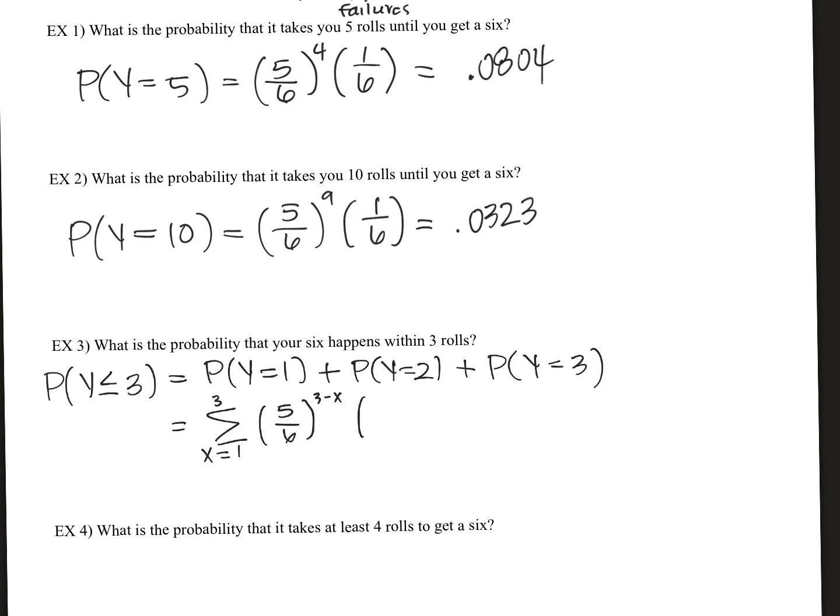Remember, we go to math, then we go to 0. Sorry, I messed up the formula. It should just be times 1/6 because the probability of success is always going to be 1/6. So we get 0.4213.